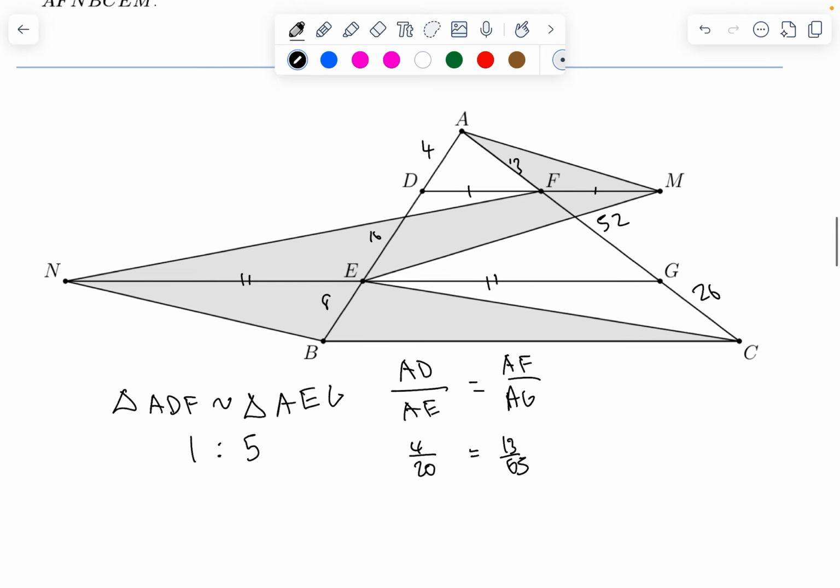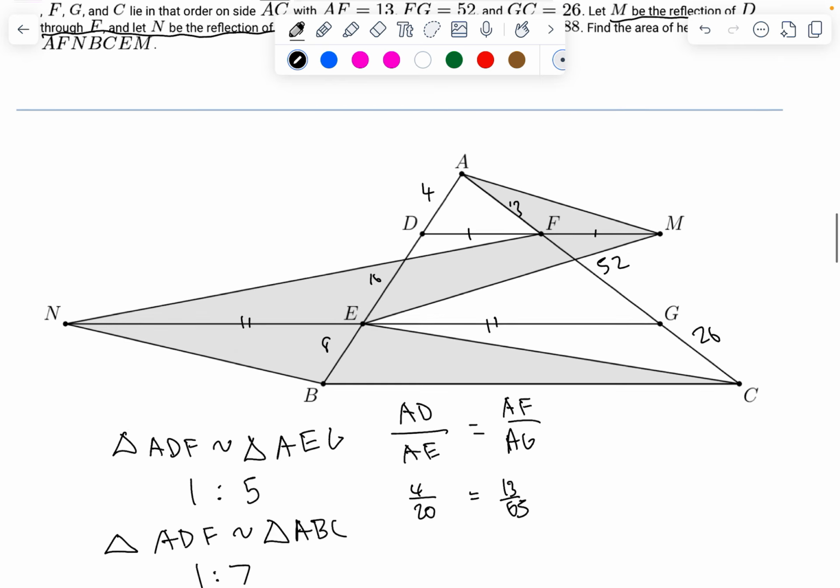By the same logic, triangle ADF is similar to triangle ABC in the ratio of 1 to 7. Keep that in mind as it will be very important in solving this problem.